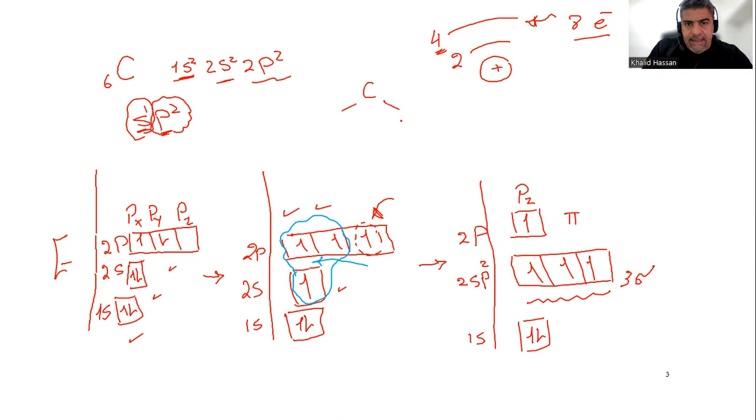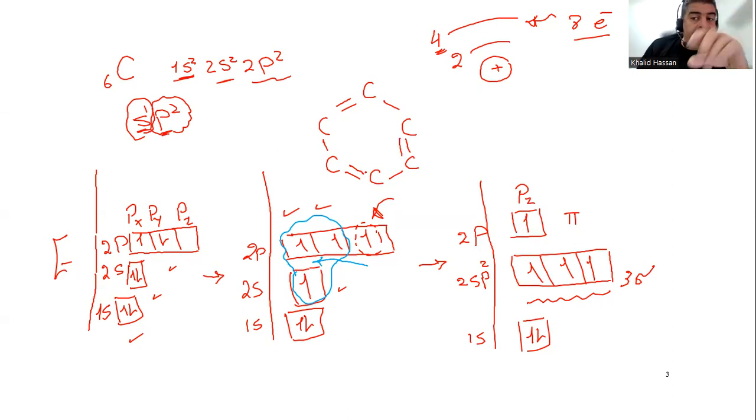C, C, C, C, C, and C. Look at that one. Double bond, single bond, double bond with conjugation, single bond, double bond, and finally single.